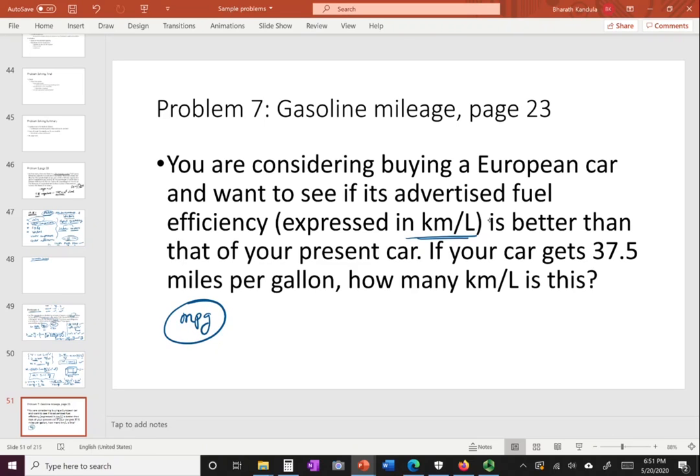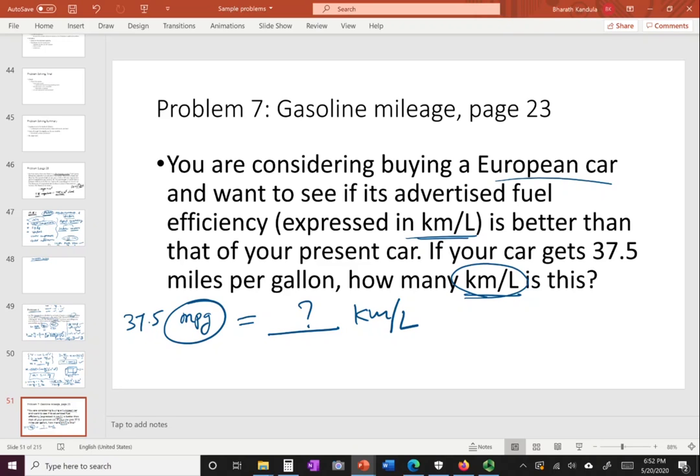Now you want to know if that European car is better than your present car. So if your car gets you 37.5 miles per gallon, how many kilometer per liter is this? So you need to calculate this in kilometer per liter. Once you do that, looking at this value, you can compare the advertised fuel efficiency of the European car and decide if you want to purchase that.